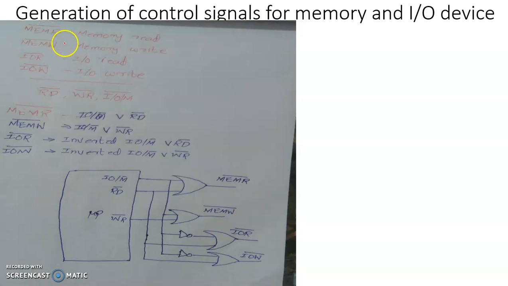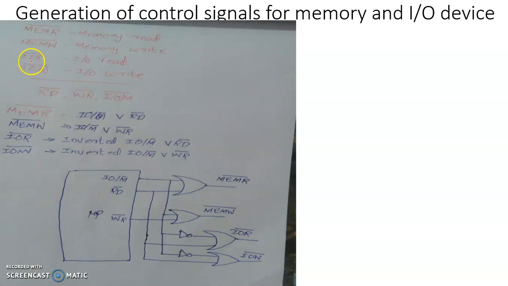To perform a write operation, the processor will have to send an active low memory write signal, MEMW bar, indicating that this is an active low line. When this line is going low, it indicates that the referred process is being executed.